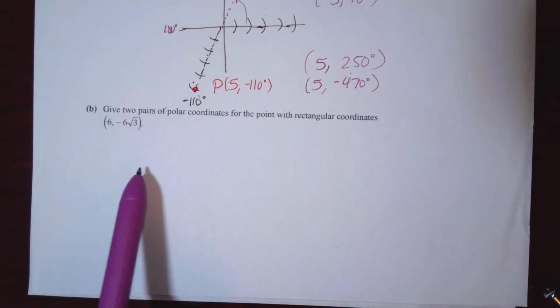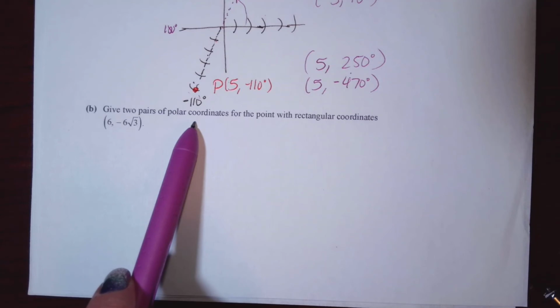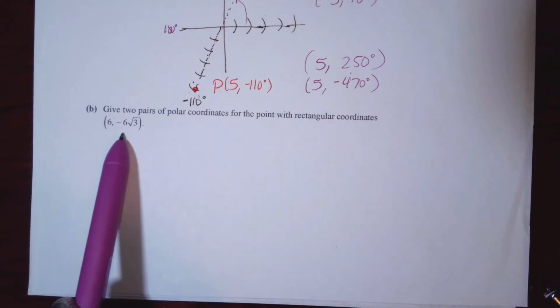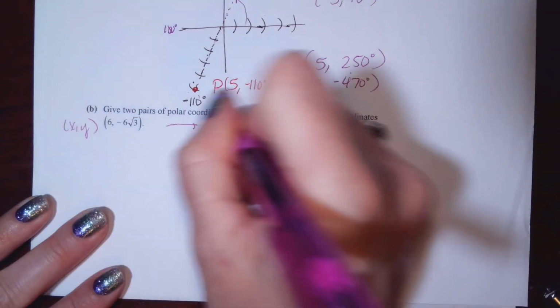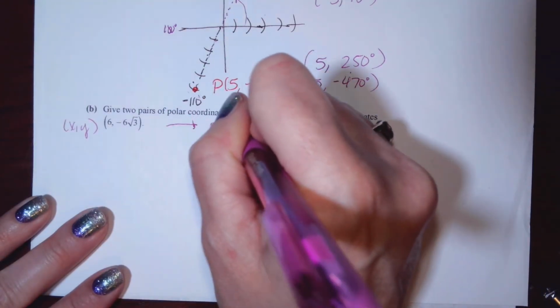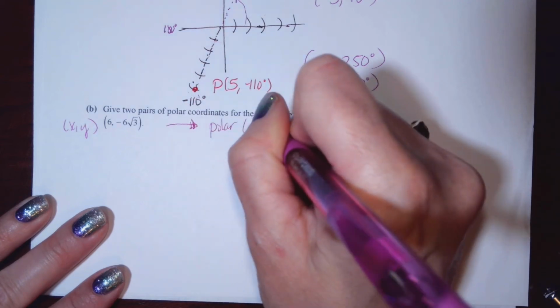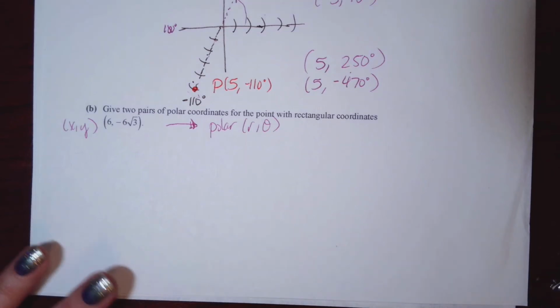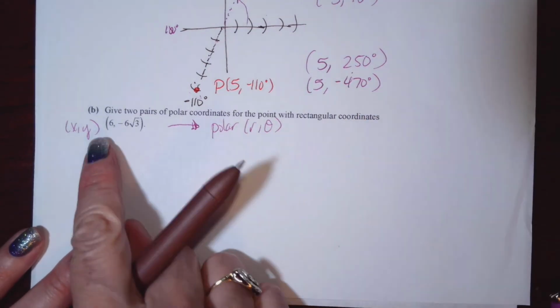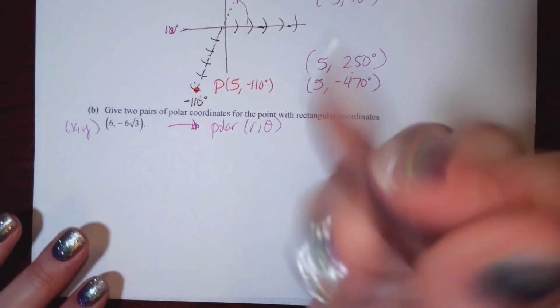Alright, this one says give 2 pairs of polar coordinates for the point with rectangular coordinates. So this is my rectangular coordinate pair, x, y, and we need to change it to polar coordinates, r theta. Well, let's think about what we've got. If I'm going from rectangular to polar, I've got 3 steps.